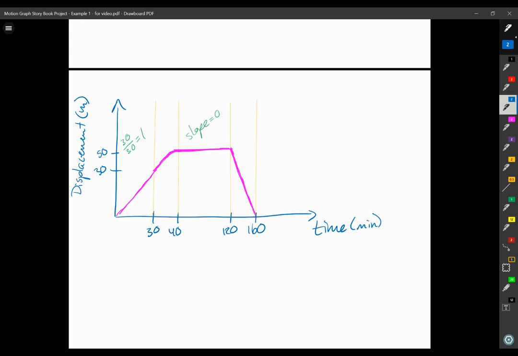So if I have a slope, the rise or fall in this case would be -50. My time is 160 minus 120, which gives me 40. So my slope is -1.25 meters per minute.